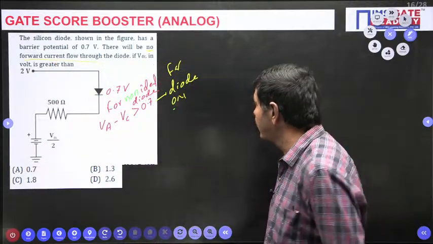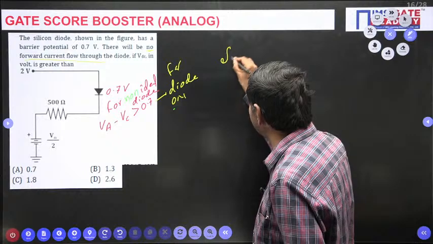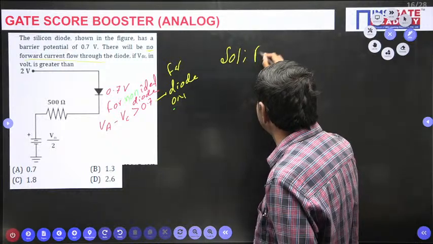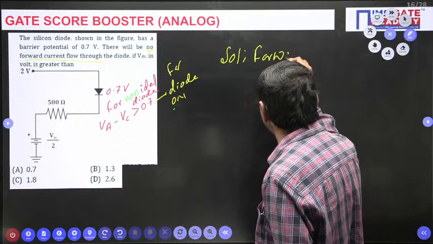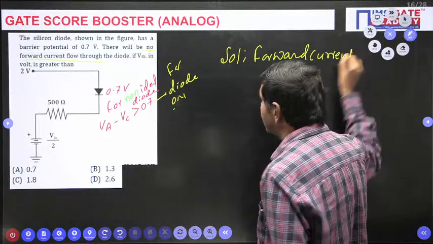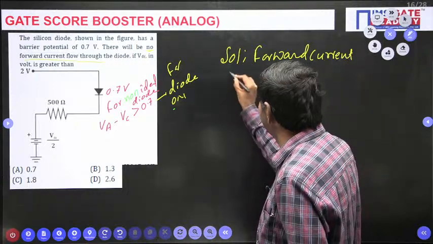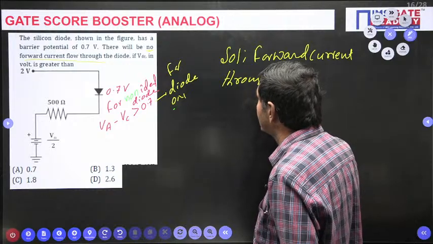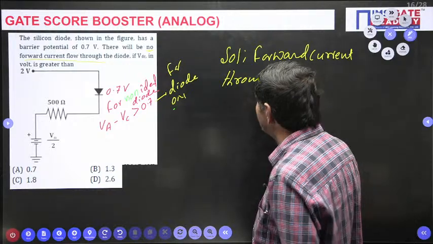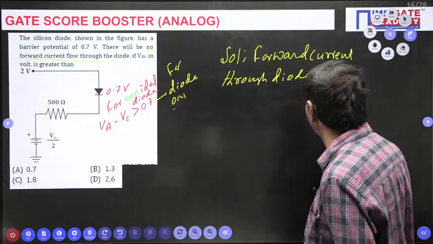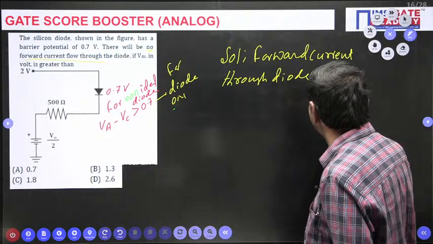When it is off, you can write clearly: the forward current through the diode is 0.